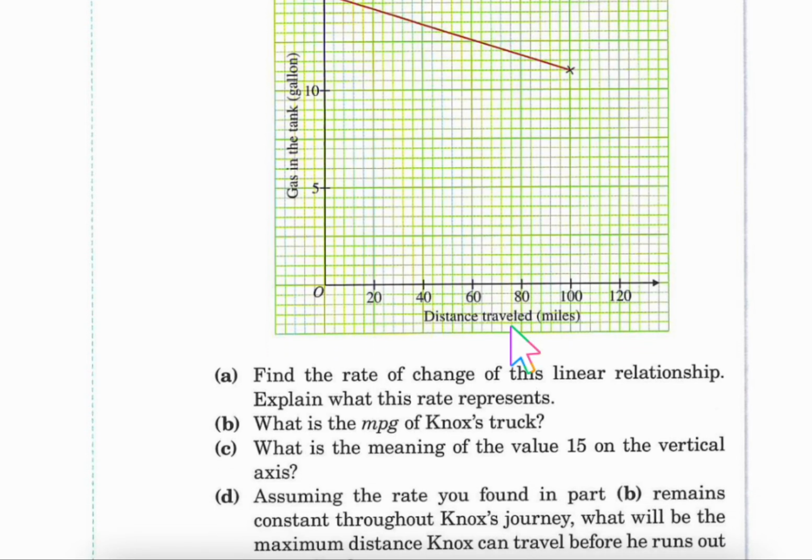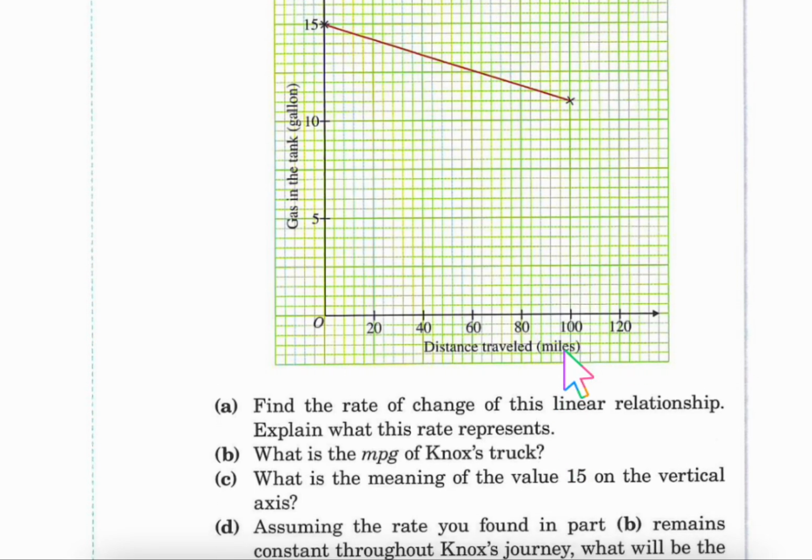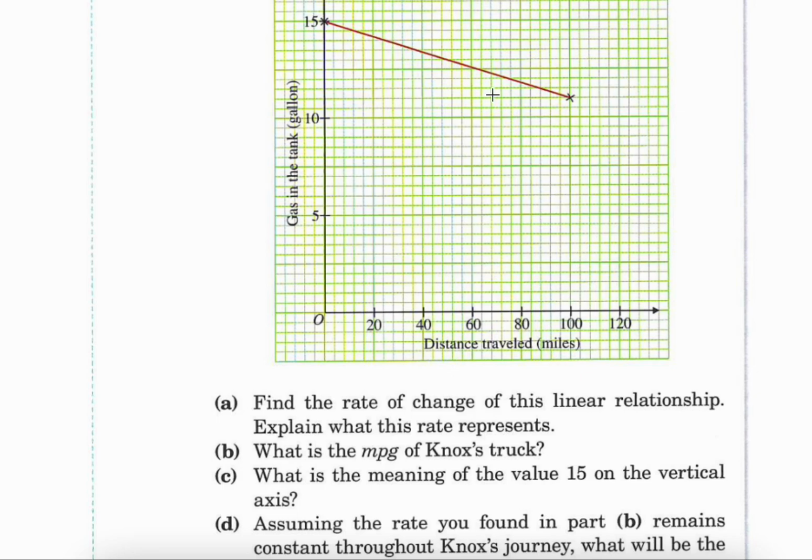Okay? And then the last problem asks you, assuming the rate that you found in part B remains constant throughout Knox's journey, that was the 25 miles per gallon, what would be the maximum distance Knox can travel before he runs out of gas?